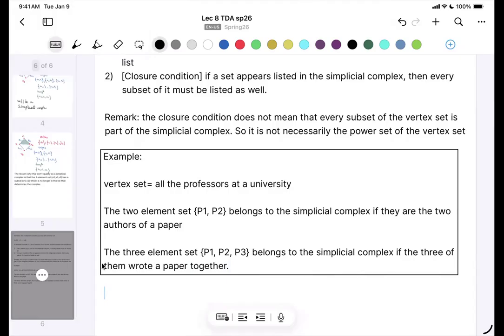So again, pictorially, if they are three professors and the authors of a paper, if you want to think about this geometrically, you would draw a solid triangle.